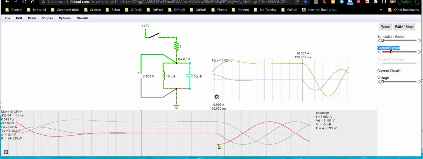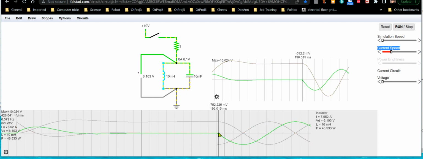This negative sign means that the capacitor is charging, and the inductor is discharging. Remember, it's the sole source of current, and it wants that current flowing in that same direction no matter what. So basically it's discharging into that capacitor.